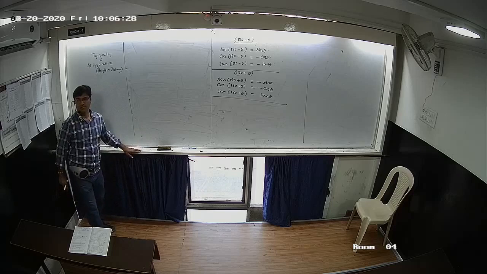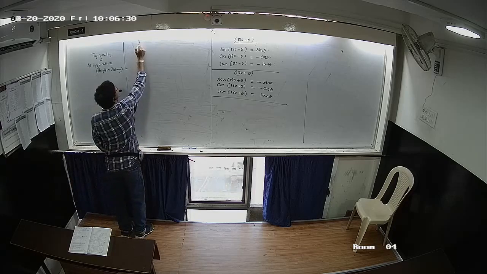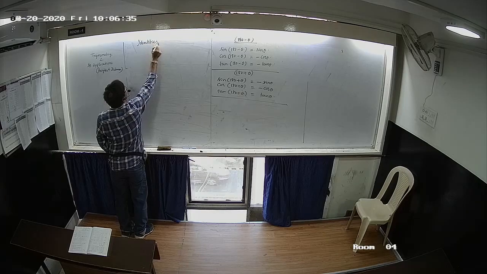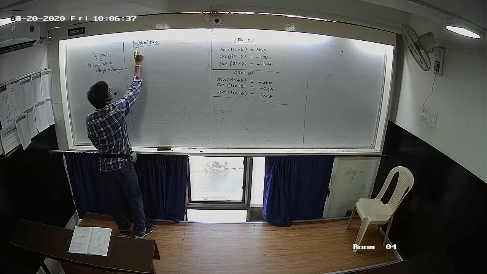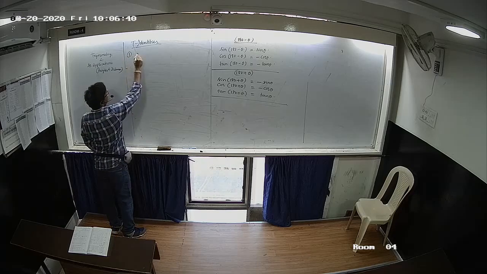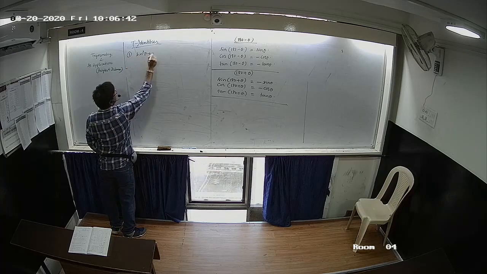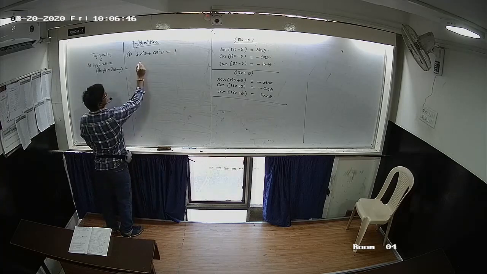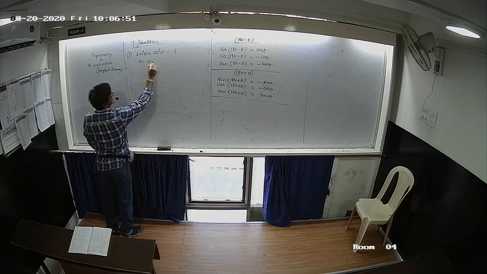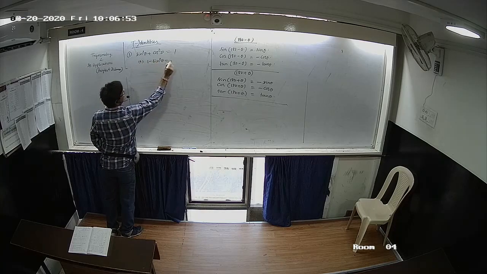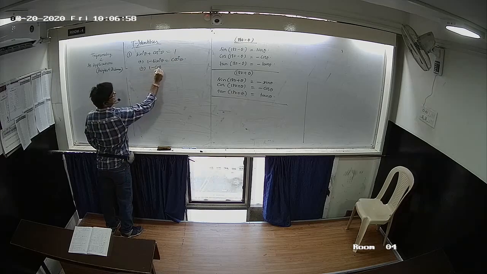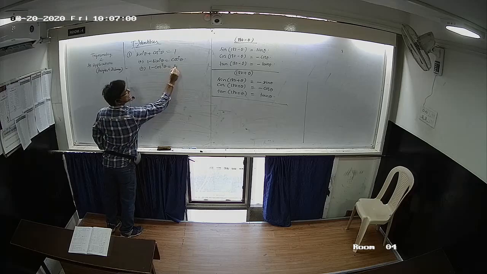To remember the trigonometric identities. First identity, sin square theta plus cos square theta is equal to 1, which gives you further results as 1 minus sin square theta is equal to cos square theta, and 1 minus cos square theta is equal to sin square theta.